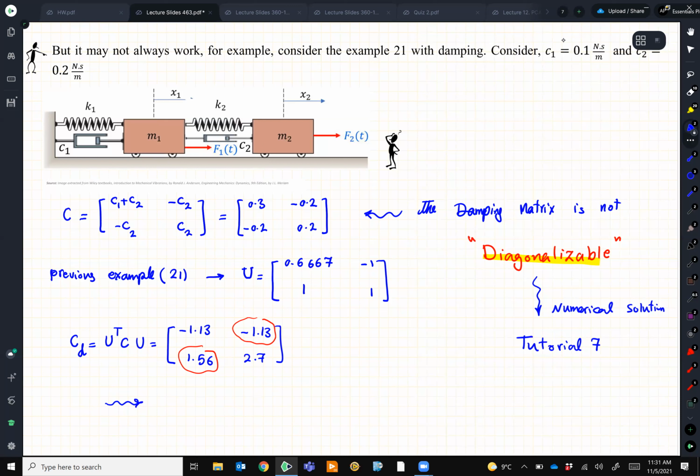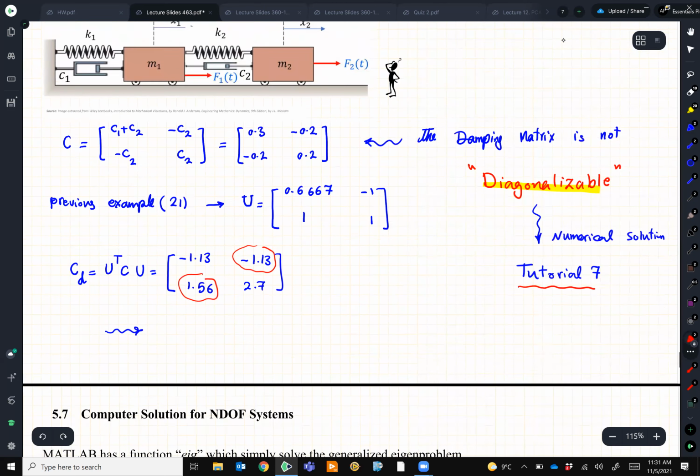He's going to go through it step by step, but it's not something that you will be asked in the exam. You need it for your project. Your project is an actual car system, and the matrix is not going to be diagonal. So you need tutorial 7, please, either today or, if you are on Monday, go to that session. It will show you how you can solve for that one.